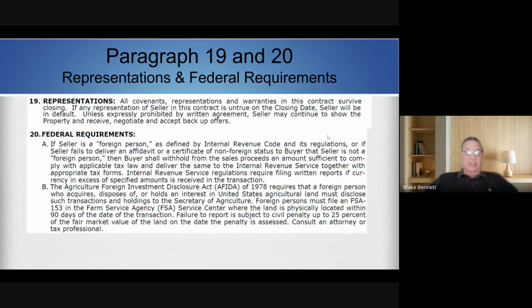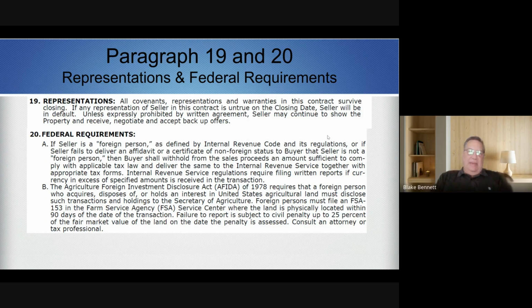If the buyer doesn't, and there's a federal income tax liability associated with that seller, and buyer didn't do the withholding, buyer could be responsible for paying that federal income tax bill. This is usually handled at closing. Your title company will ask the buyer about the withholding, and they'll take care of everything.